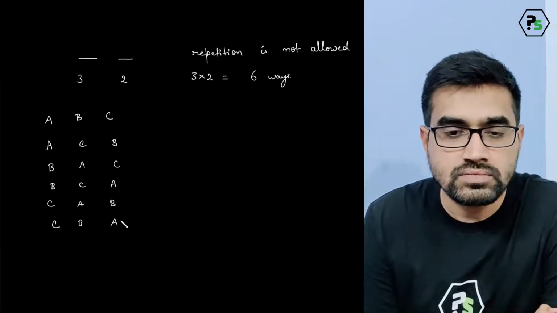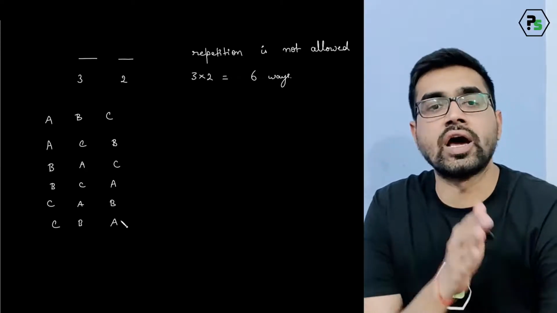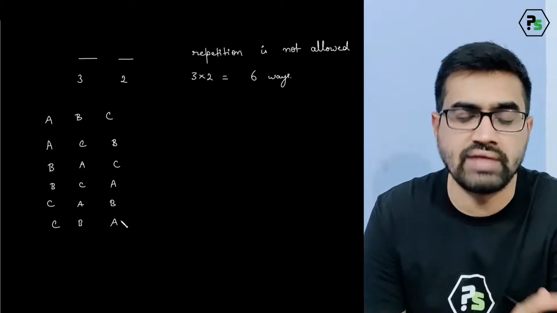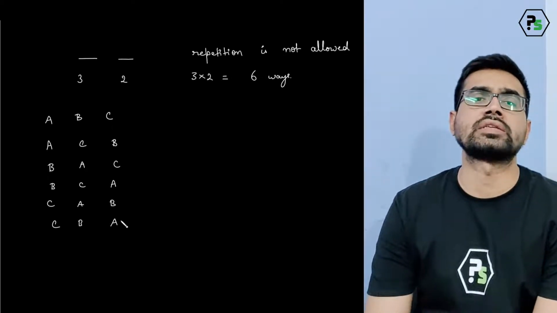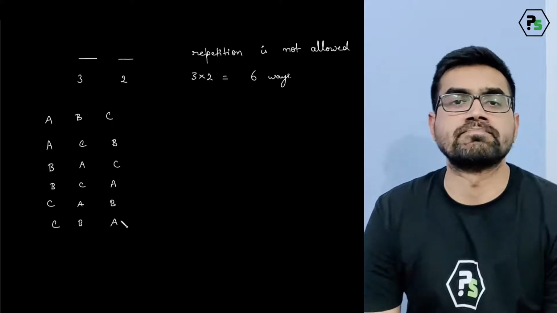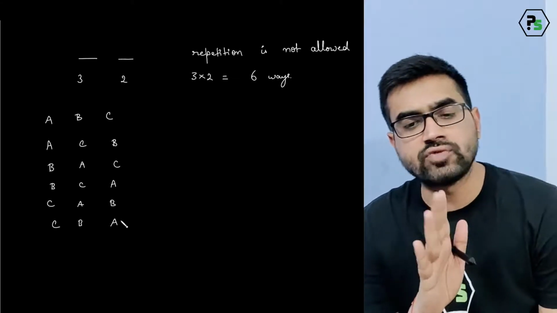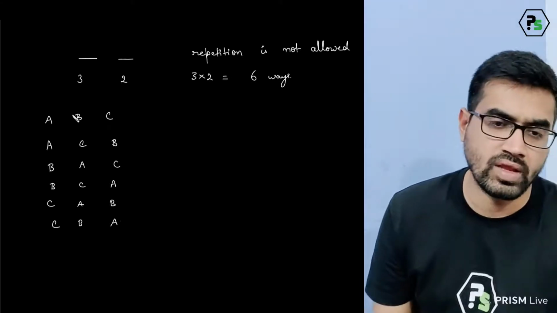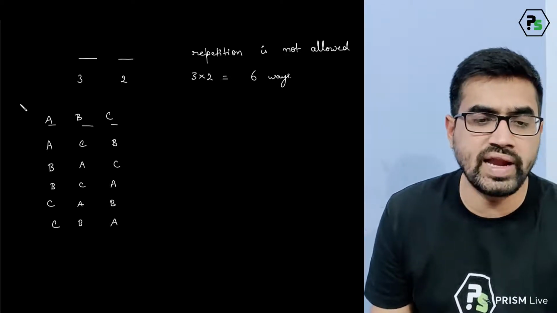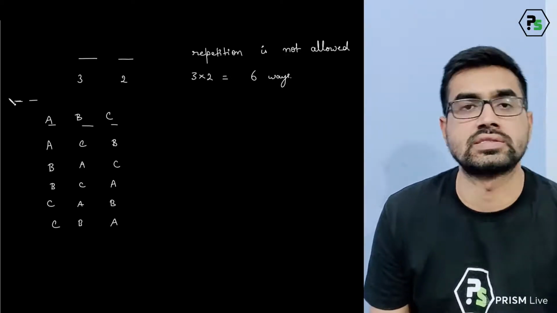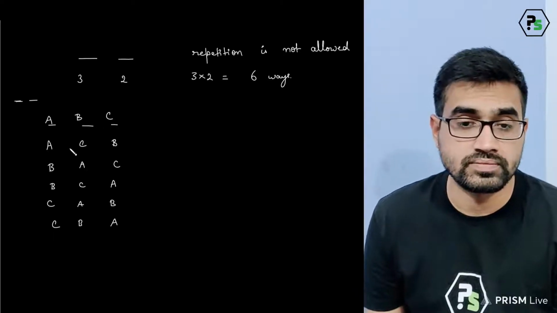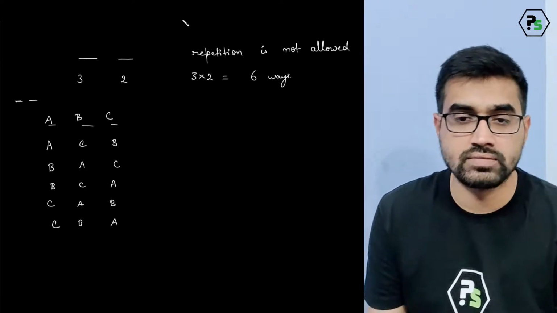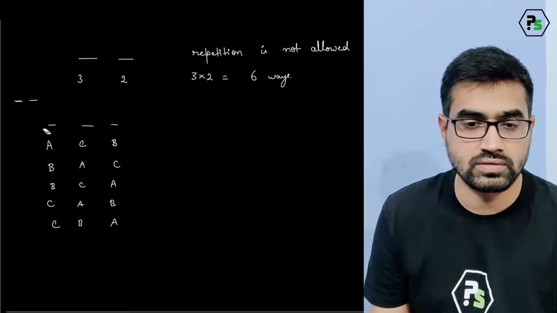Correct. I'm just extending it now and leading towards combination. I will take one more example to clearly explain this. I'm taking the case of 3, and I have two places to be filled and three things I can select from. Oh sorry, my mistake.